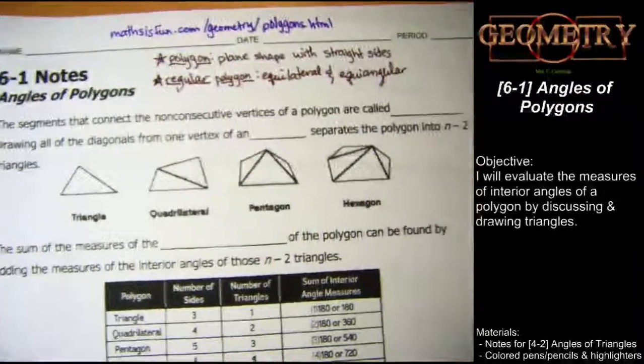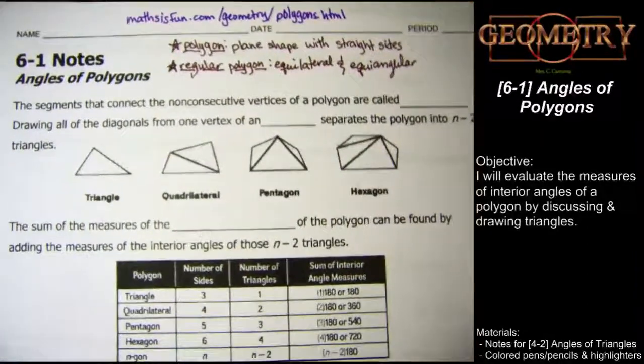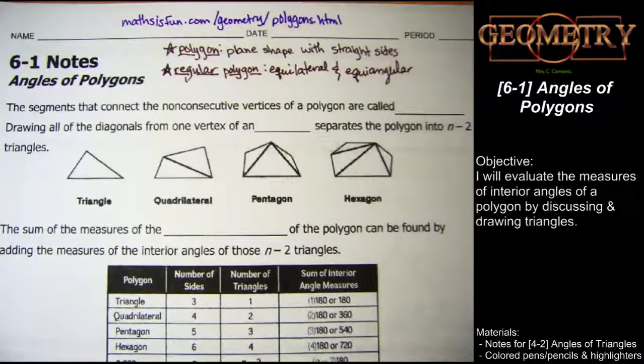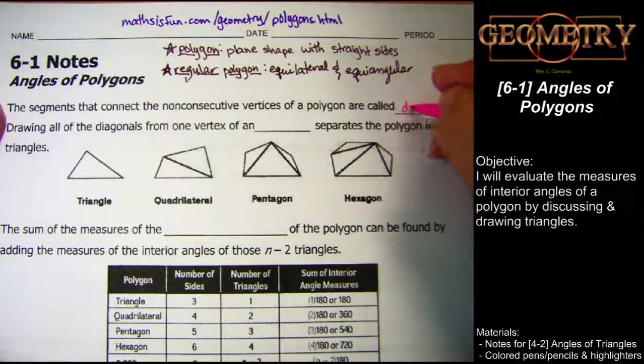Okay, now that we have those defined, let's get into today's lecture. A diagonal is a segment that connects the non-consecutive vertices of a polygon. These are the corners that don't go one right after another, where we've skipped a corner. The segments that connect those skipped corners are called diagonals.